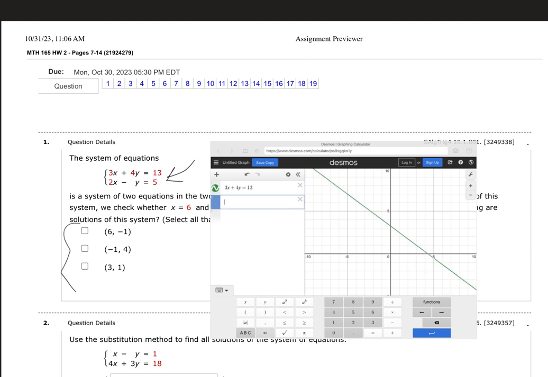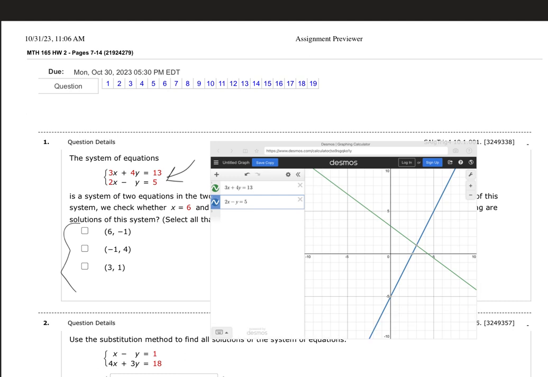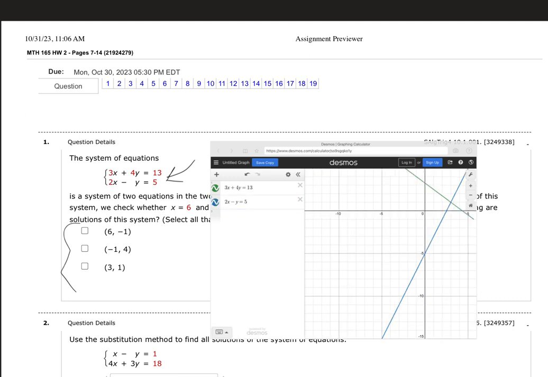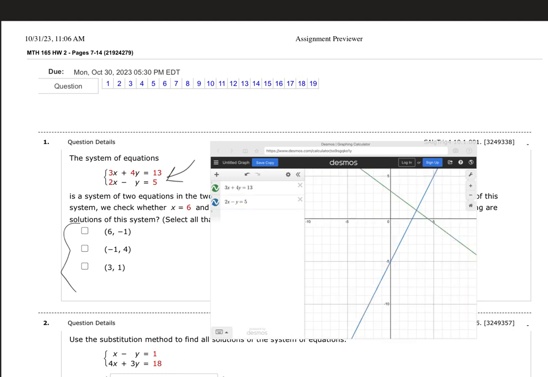And then in the second one, 2x minus y equals 5. Then I look and see that this is 3, 1. That is the solution.